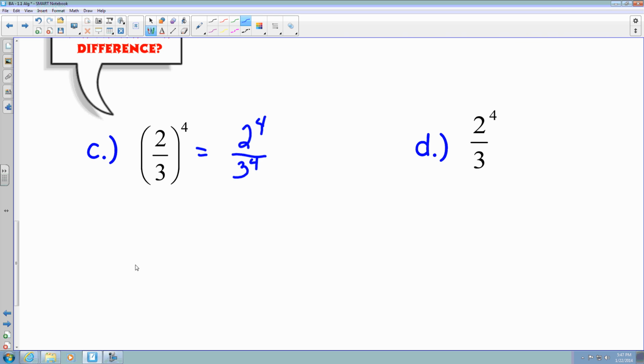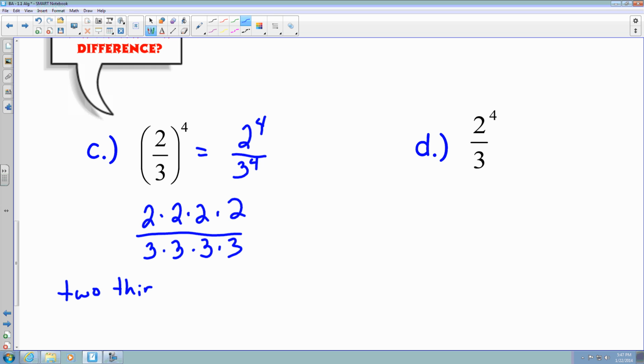But how you would write this in expanded form, it would be 2 times 2 times 2 times 2 divided by 3 times 3 times 3 times 3. And in words, this would be 2/3 to the 4th power.